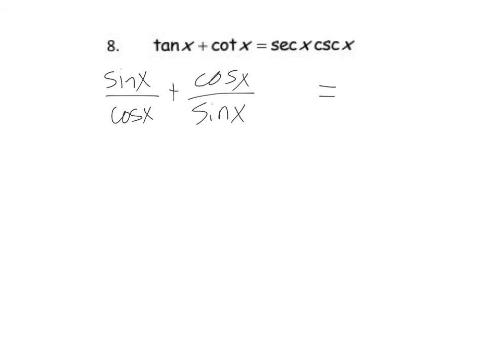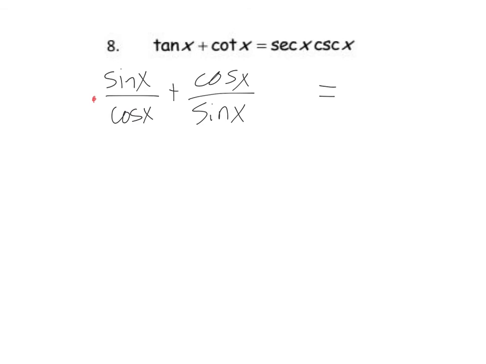At this point you're not going to be able to see how this is going to turn into secant cosecant, but again, this is one of those problems where you just trust in the process and do the proper trig and algebra skills to hopefully get to the aha moment where we go, oh yes, I know what to do to get it to look like that.